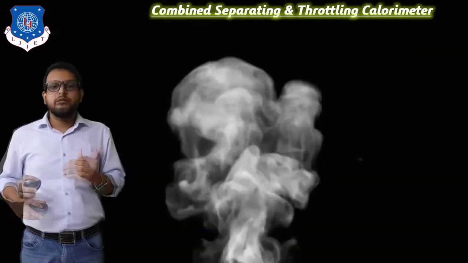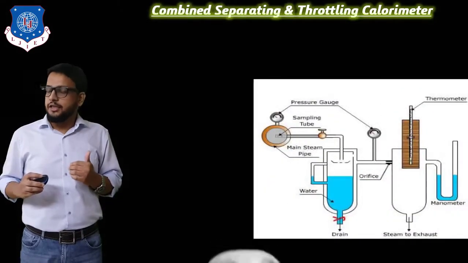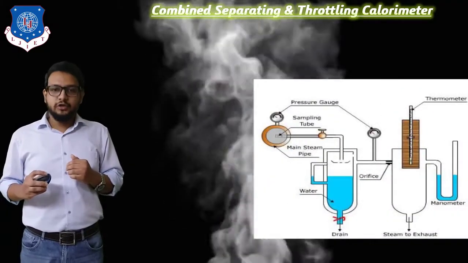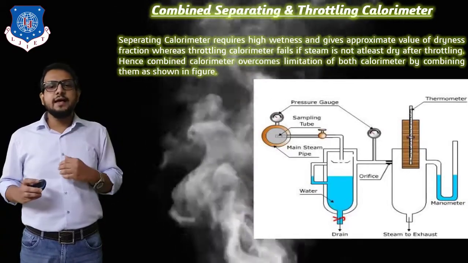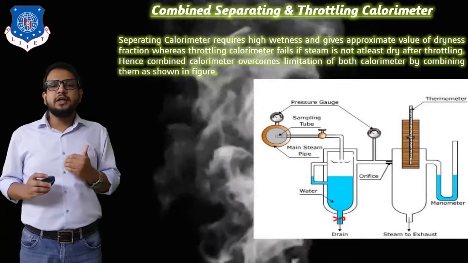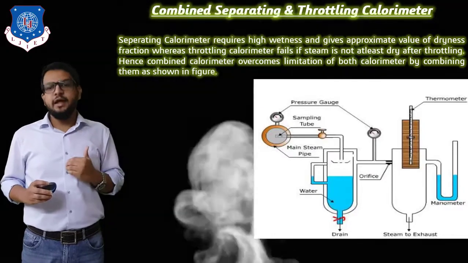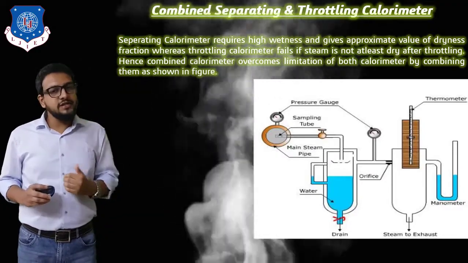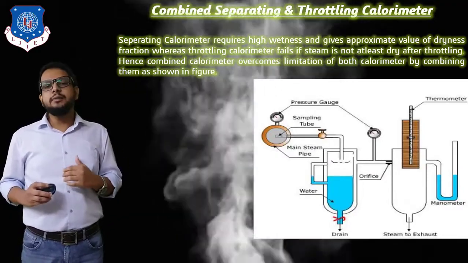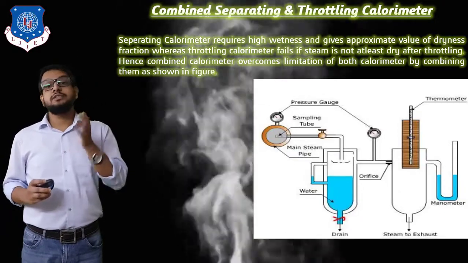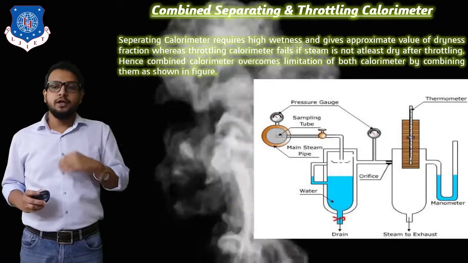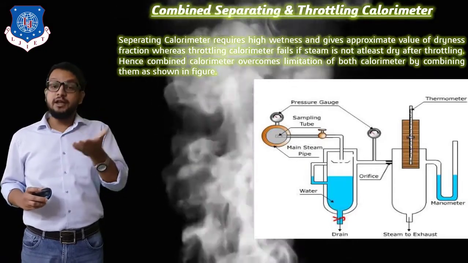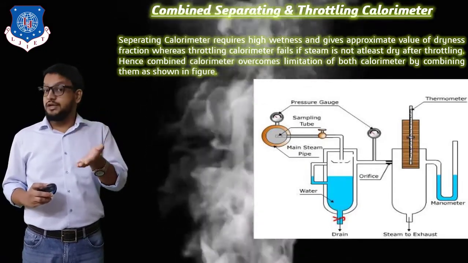That is called a combined separating and throttling calorimeter. The diagram is displayed on your screen. As you can see, I have written that the separating calorimeter requires high wetness and gives only an approximate value of dryness fraction, and the throttling calorimeter fails if the steam is not at least dry after throttling, which means we are actually obtaining a superheated steam, right?